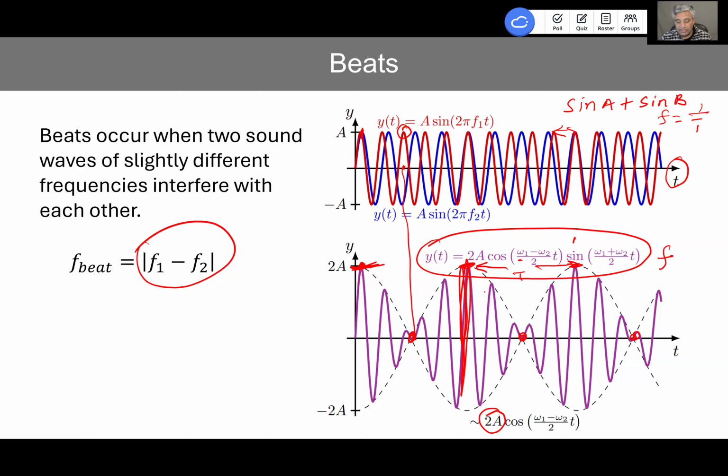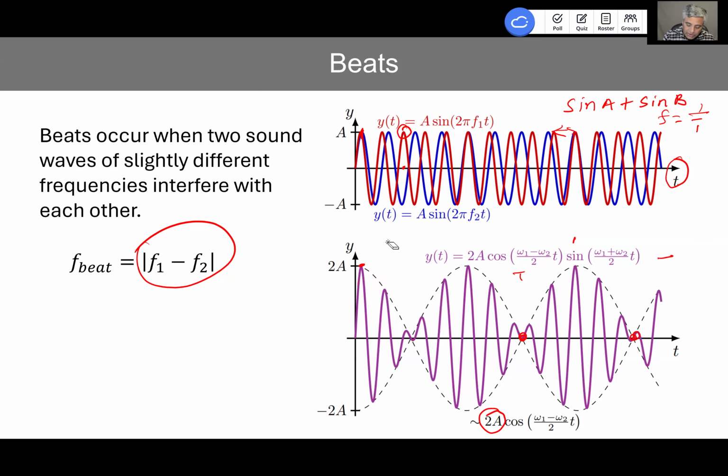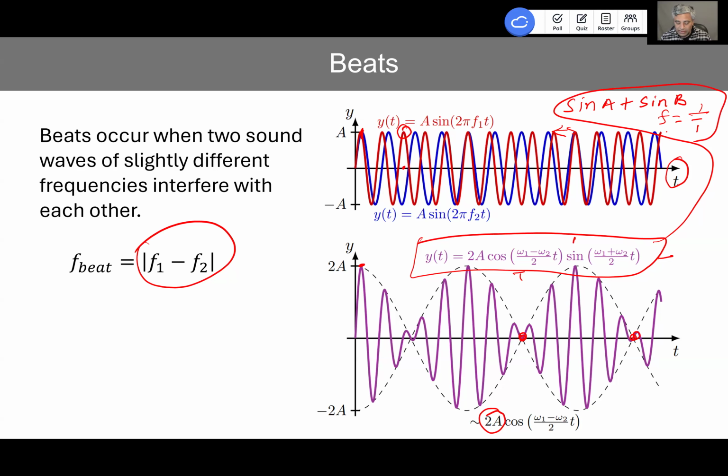So the amplitude depends on the difference in frequency, and the difference in frequency is the beat. If you don't understand this mathematics, I didn't go into detail, that's fine, but hopefully you understand the beat phenomenon now, how it works, and where the formula of the beats comes from. And of course, the formula of the beat is really simple: you just take the difference.